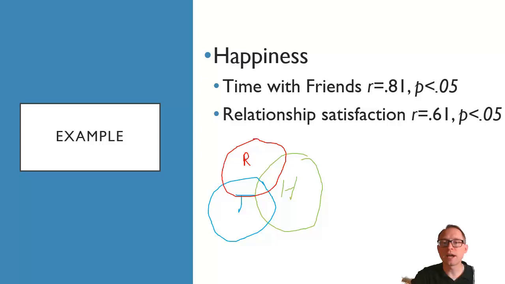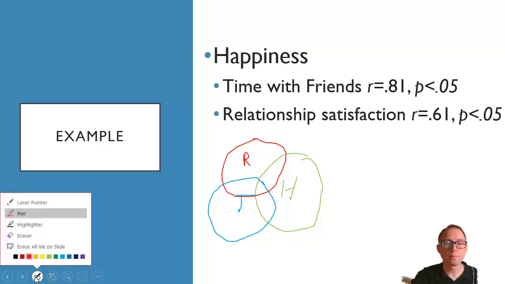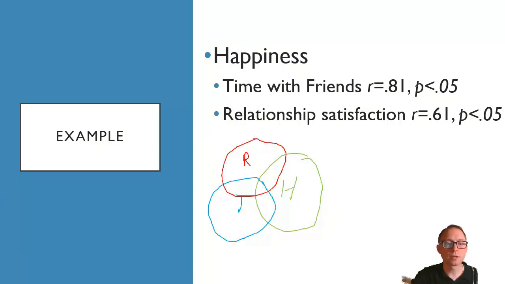This relationship satisfaction, R equals 0.61, what it's looking at in the Venn diagram is just the yellow part. It's the overlap of relationship satisfaction on happiness. It doesn't know that it's overlapping here with time with friends. It doesn't have any idea.